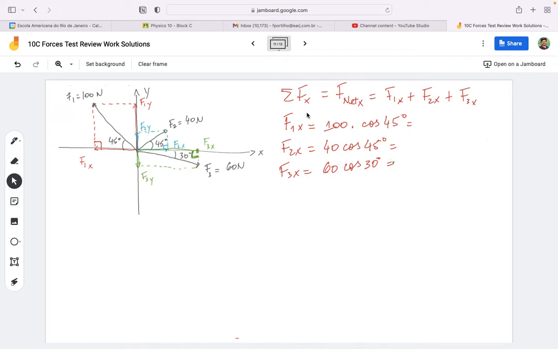All right, so 100 newtons times cosine, so I know that 100 times 0.707 should give us 70.7 newtons. Pay attention to one detail, because F1 is pointing opposite the x-axis.